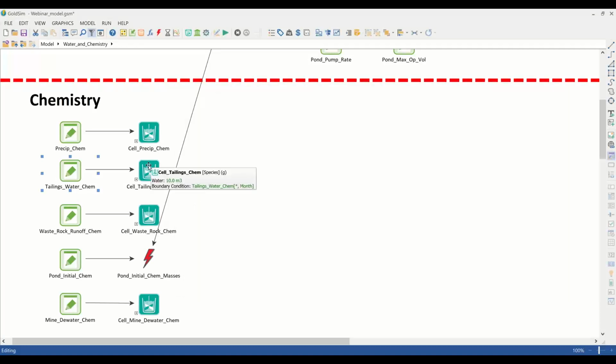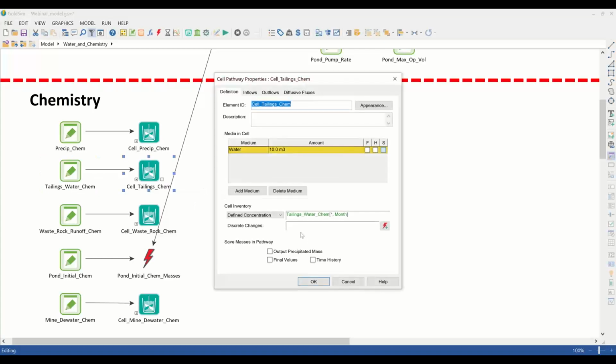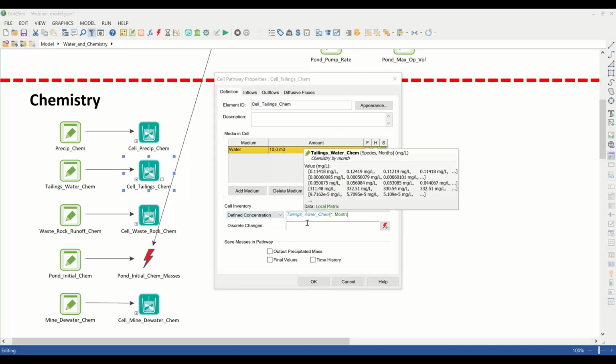So if I go back to this cell pathway, again, I have just set to some arbitrary volume. I got it set to defined concentration, and then it refers back to this data element with that matrix.